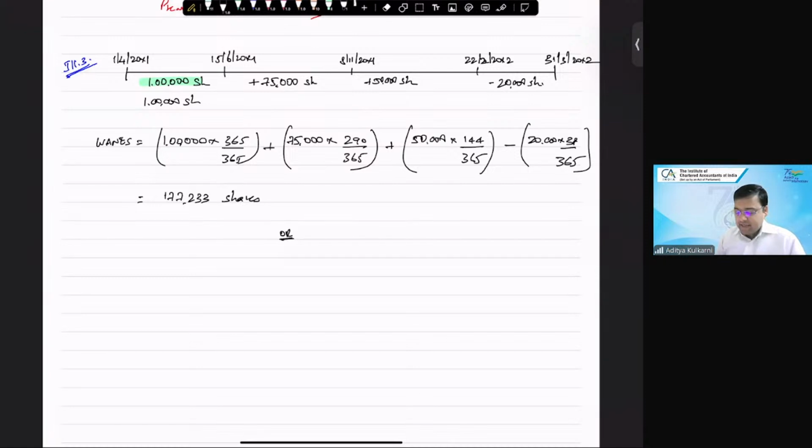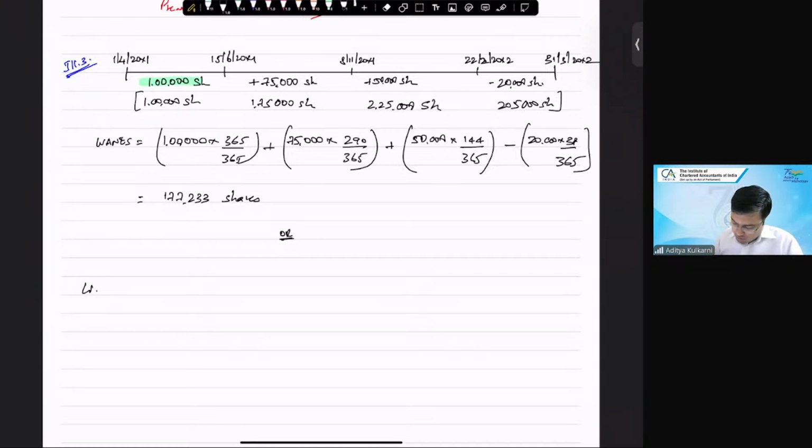I have 1 lakh shares till 15th June. 1 lakh became 1,75,000. 1,75,000 becomes 2,25,000 shares. 2,25,000 falls back to 2,05,000 shares. And then this, you will adjust it for time.